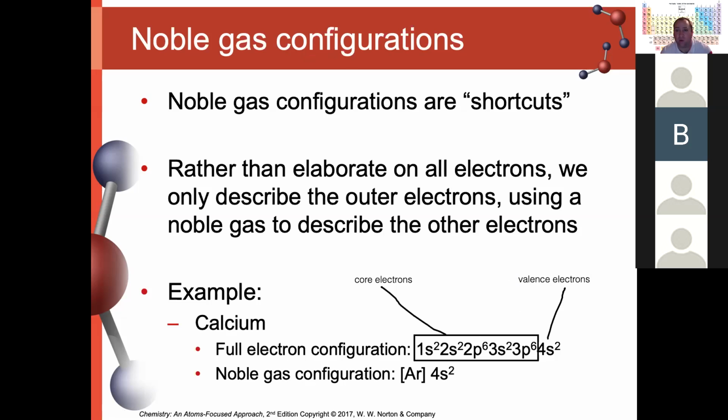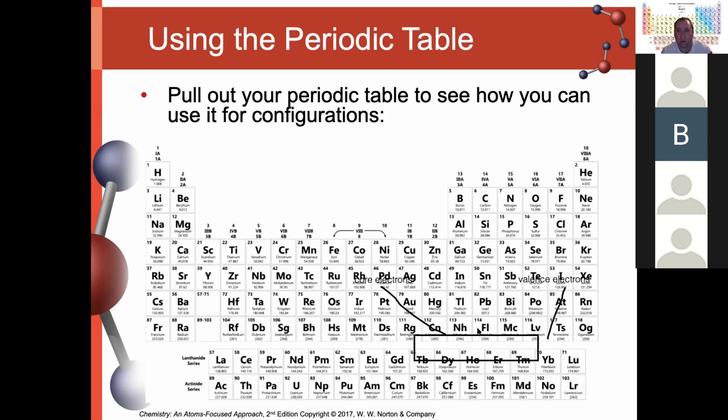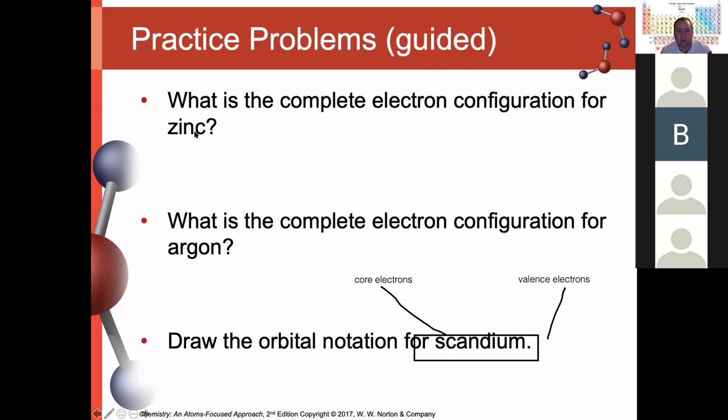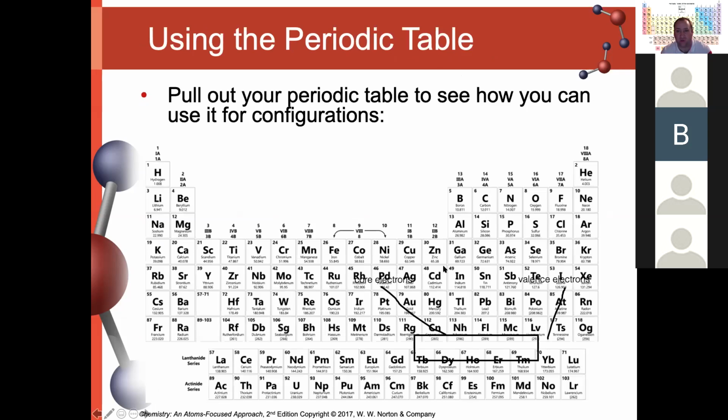Now, to do a noble gas configuration, all you need to do, going back to the table itself here, let's say that you're doing the configuration for zinc. You go backwards until you hit a noble gas, and that noble gas becomes the beginning of your electron configuration.